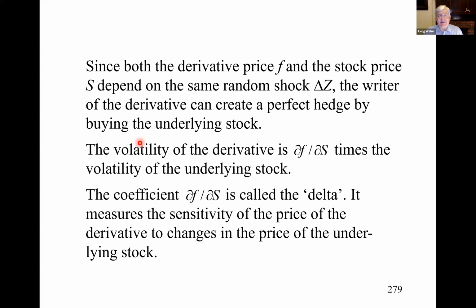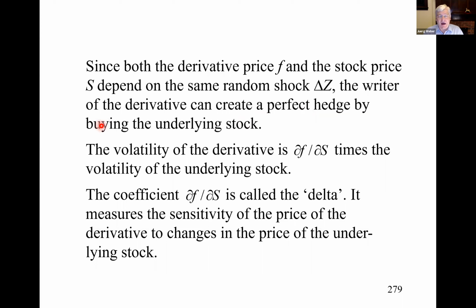And now the ideas that we discussed before: because the derivative f and the underlying stock S depend on the same random shock, they are exposed to the same shocks. So what you can do is buy the underlying share, and then write a derivative, maybe a put option, and you can do a perfect hedge if you just buy the correct amount of the underlying stock.